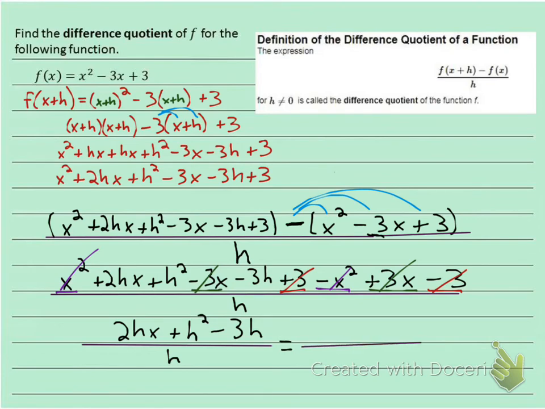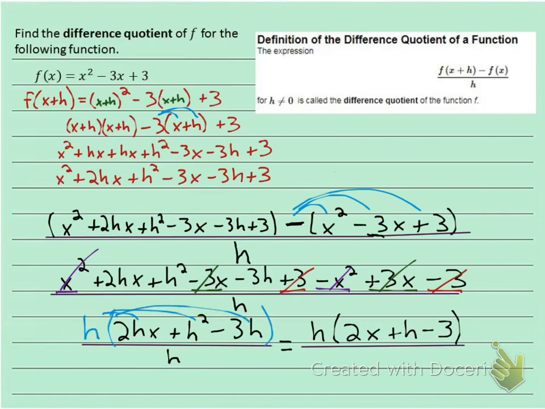And I will show you by dividing out an h, factoring it out in the numerator. So let's go ahead and factor out this h. And I'll be left with 2x plus h, right? Only one left because I divided one out, minus 3. Okay, so you see what I did was I took an h and I divided it out of here, here, and here.